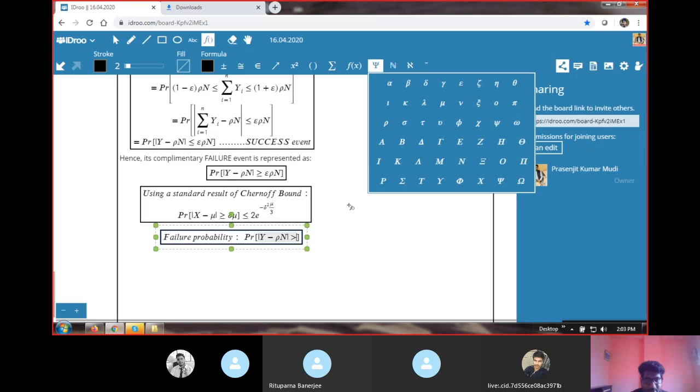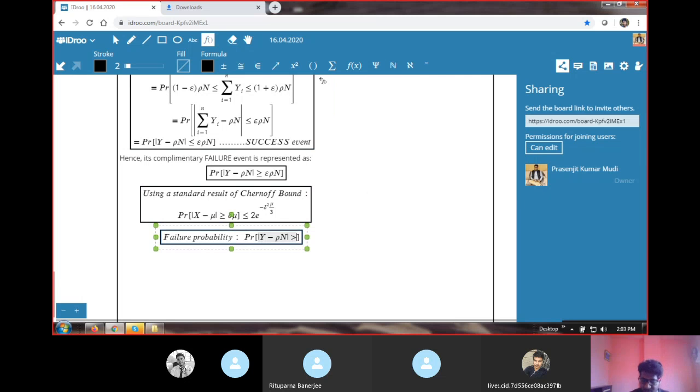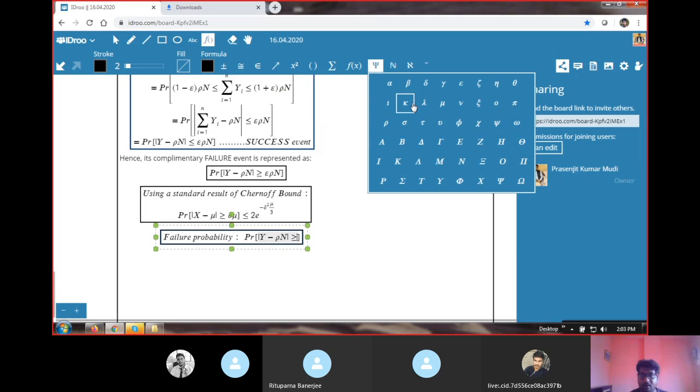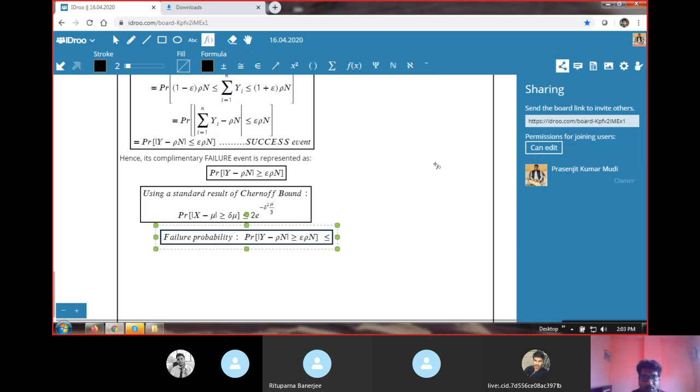It is the probability that this mod will be greater than or equal to epsilon rho n. This probability will have an upper bound less than or equal to 2. Here we have delta is my epsilon.